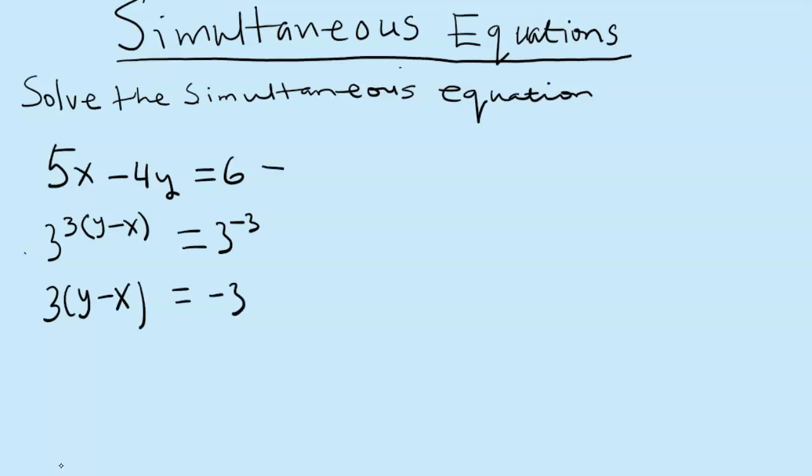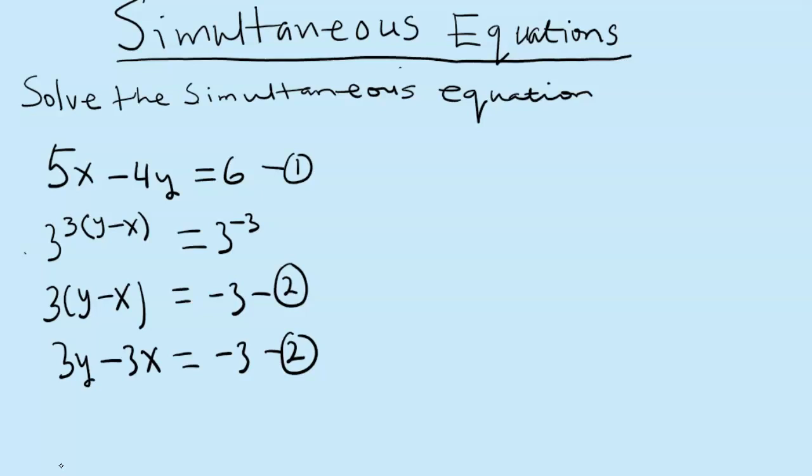We can label this as equation 1 and this as equation 2. And here we have to expand, we have to distribute the 3 over the y and the -x. So we will get 3y and -3x equals -3, and this is still equation 2.